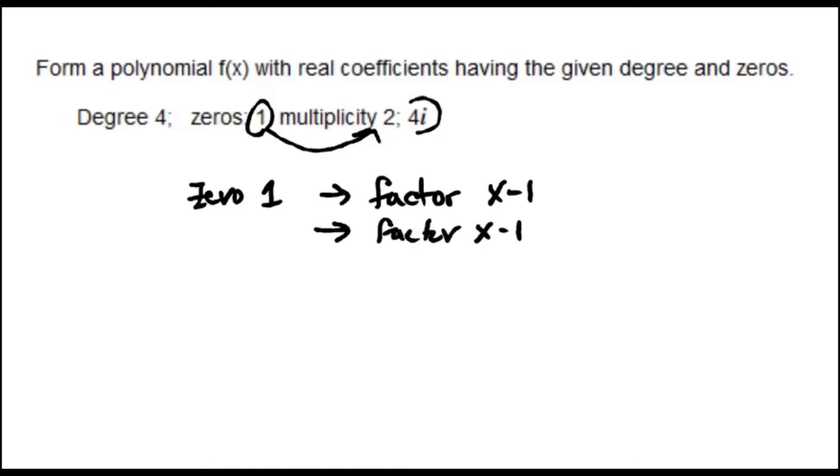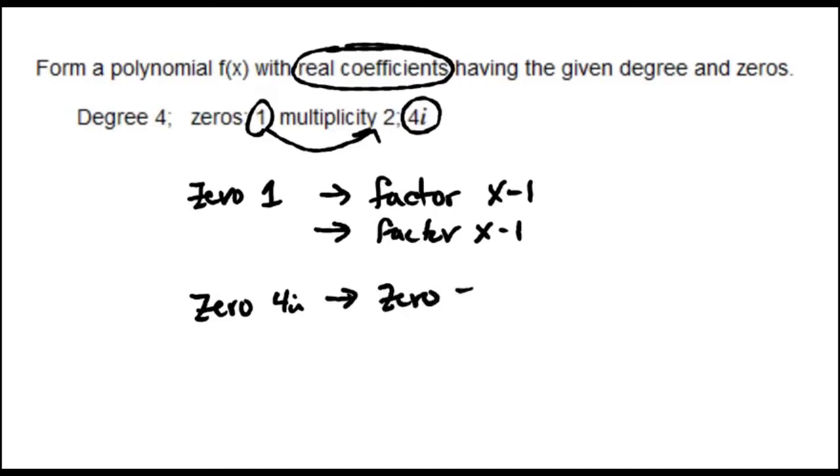Then we notice that we have a complex 0. We have a complex 0 of 4i. And as long as our polynomial function has real coefficients, we can use the conjugate pair theorem to state that we also have a 0 of negative 4i, the conjugate of 4i.